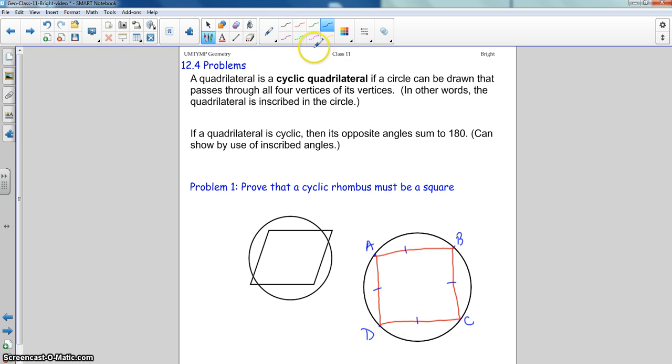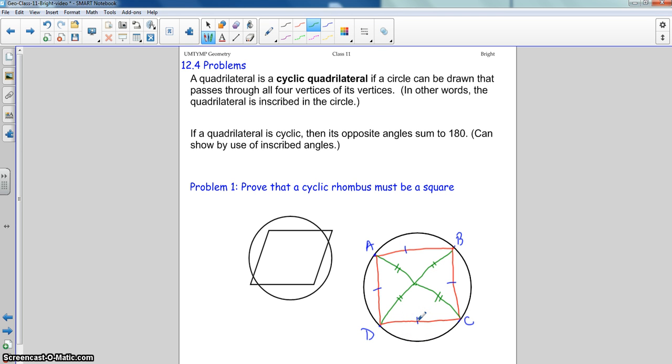Similarly, if this is circle O, then each of these are radii, so these are going to be equal in length. Again, forgive my drawing. It is not to scale, and so these are all of equal length.